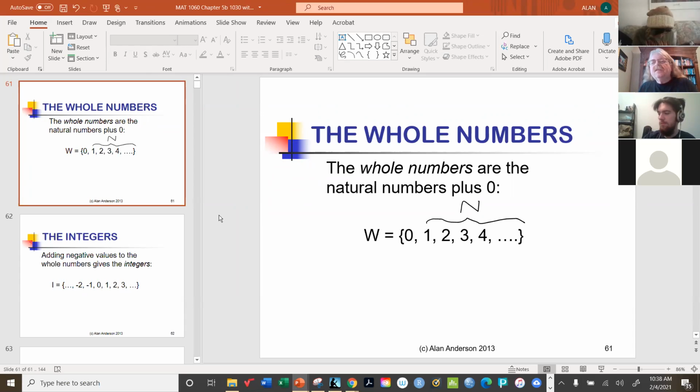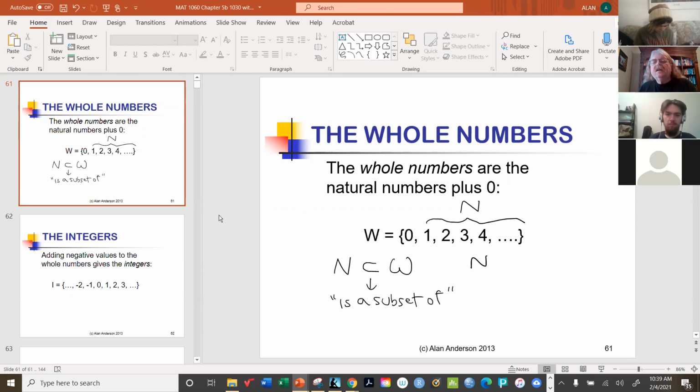And so in terms of set theory, we say that the natural numbers are a subset of the whole numbers. This little symbol means a subset of, or is a subset of. What does it mean to be a subset?